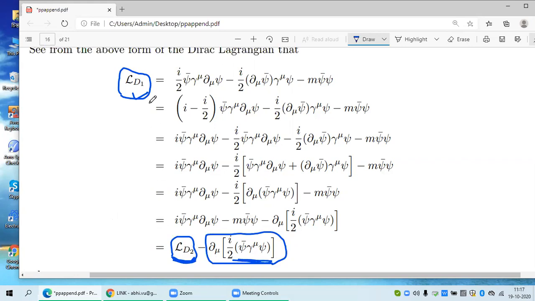Because of that, you can say these Lagrangians differ by total derivatives, therefore they should give the same equations. That kind of change is a symmetry transformation of the Dirac Lagrangian, and from it you can find this out. Maybe I or Sanjay will do the symmetry transformations of the Dirac Lagrangian using Noether's theorem, and you can get it. You have to do the same calculations. Okay. So at this point, it is okay.